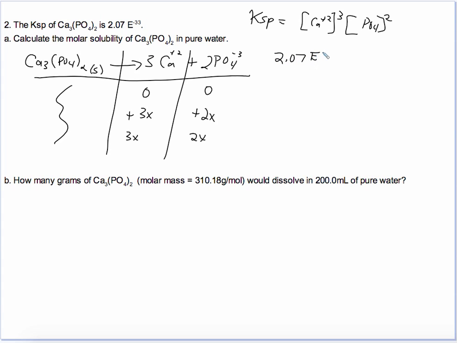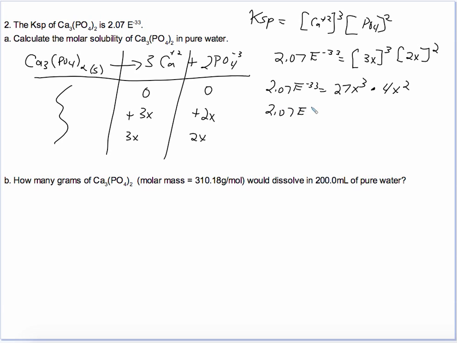We take our Ksp number, which is 2.07 e to the minus 33, equal to 3x to the third power times 2x to the second power. So we get 2.07 e to the minus 33 equal to 3 cubed. Don't go 3 times 3, that's a mistake I've made before. 3 cubed is 27 x to the third times 4x squared.